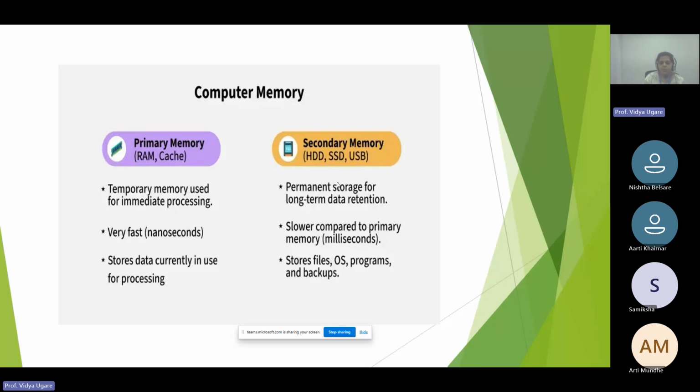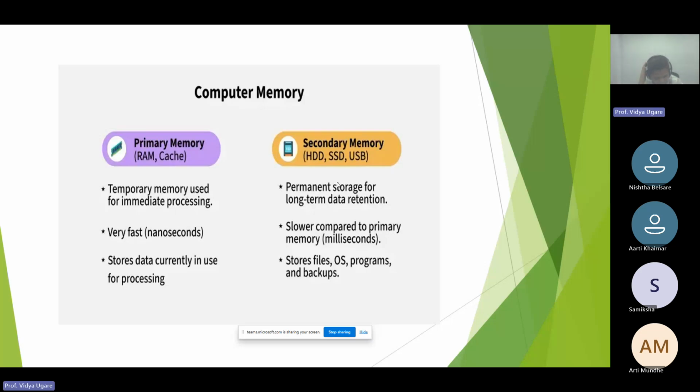Now let's take out one memory from the computer. I will disconnect the 4 GB RAM, but the 500 GB hard disk is still available with the computer. In this situation, will your computer start or not? Can anyone tell me?